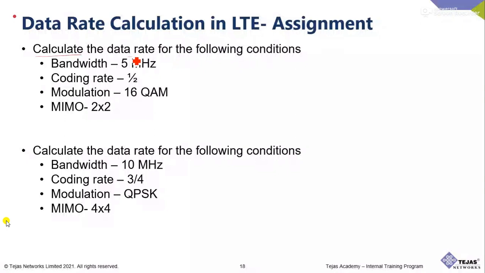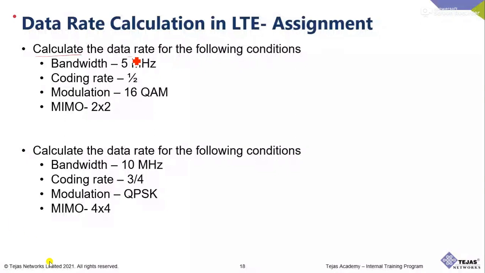Next, into modulation scheme. What is the modulation? So how much do you get this? 25 into 12, into 14. So 1200. Why 1200? Because we have taken resource block.